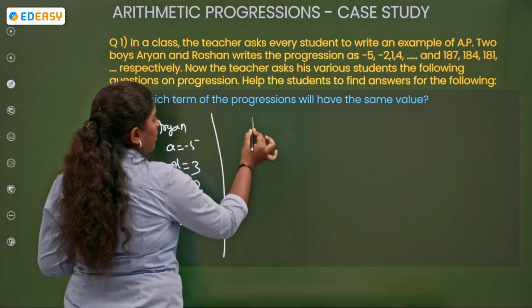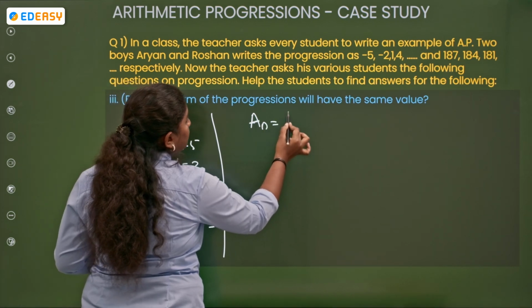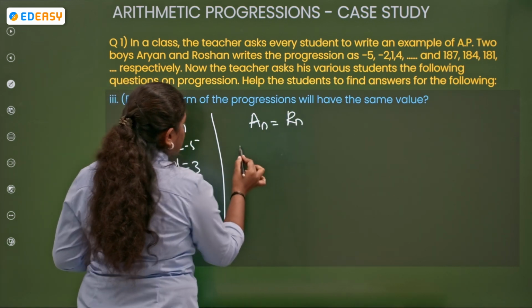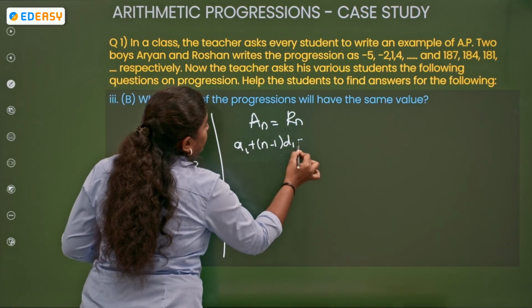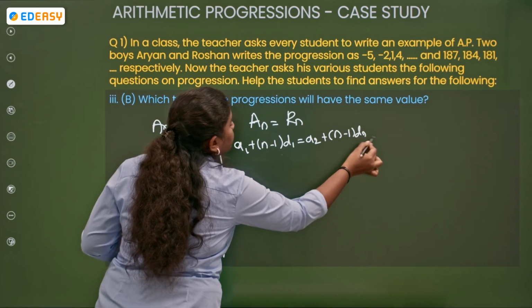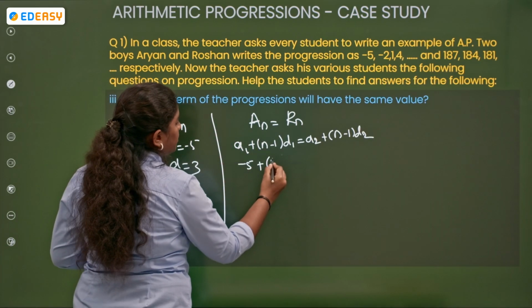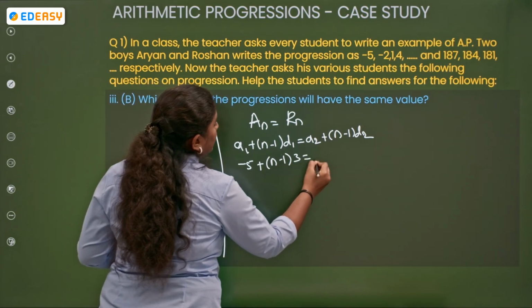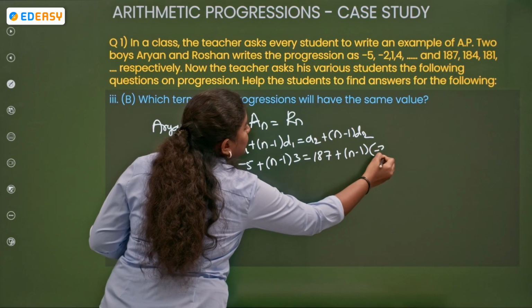Now we are having, okay, AN of Aryan equals AN of Roshan. So now A1 plus of N minus 1 into D1 equals A2 plus of N minus 1 into D2. Now A1 means minus 5 plus of N minus 1 into 3 equals 187 plus of N minus 1 into minus 3.